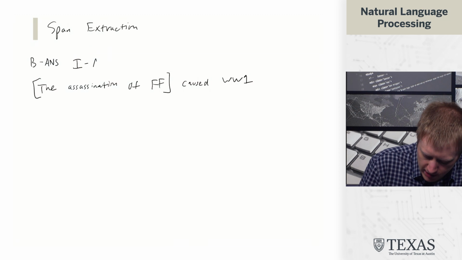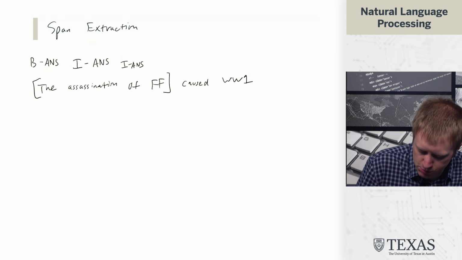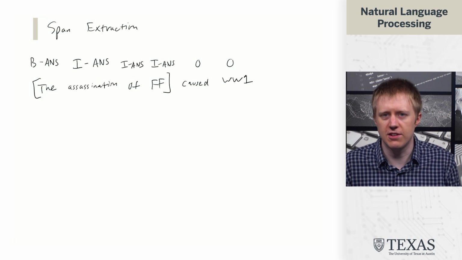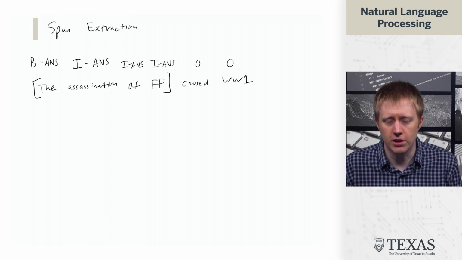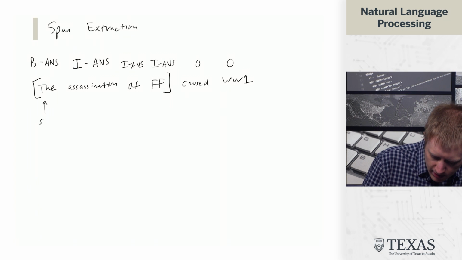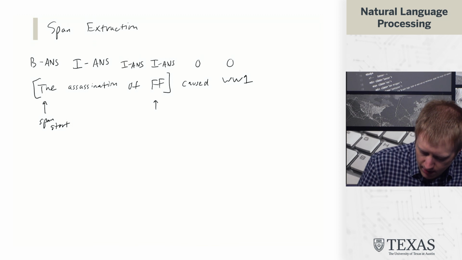Recall that we're going to tag each word with a tag where O says you're not in the answer at all, B-answer says that you begin the answer, and I-answer says I am continuing a span that is the answer that started with B-answer. So this is the span start, and this is the span end.